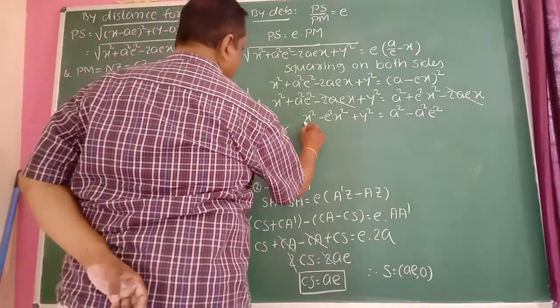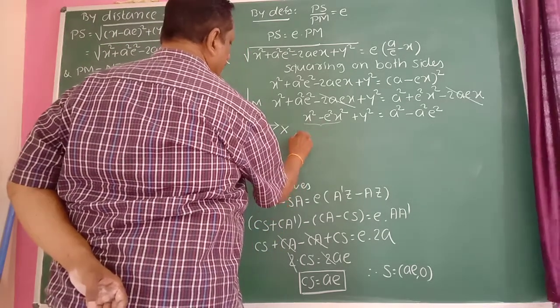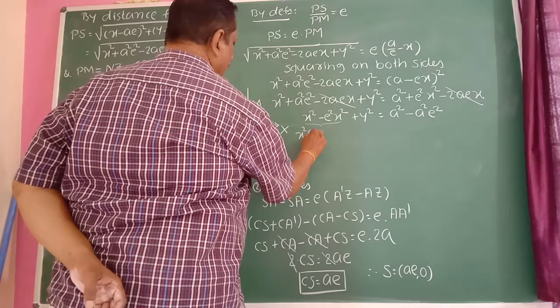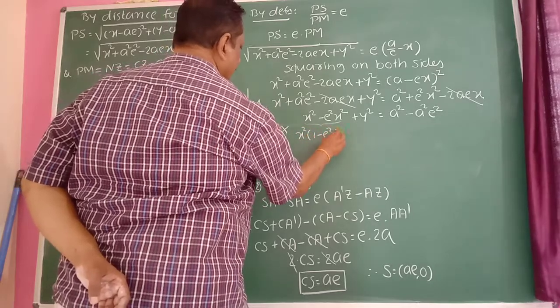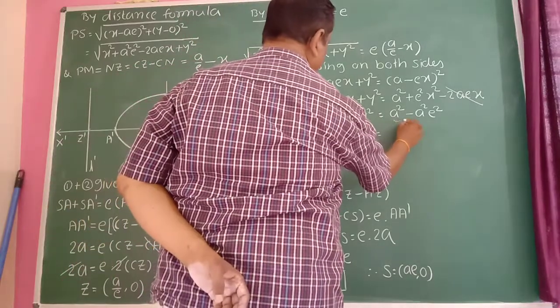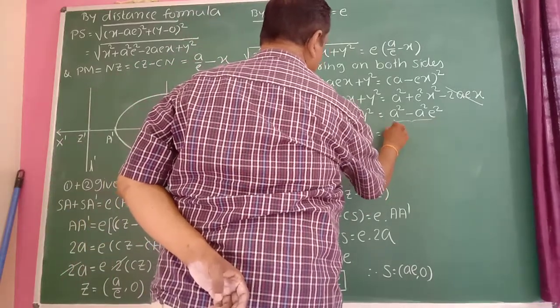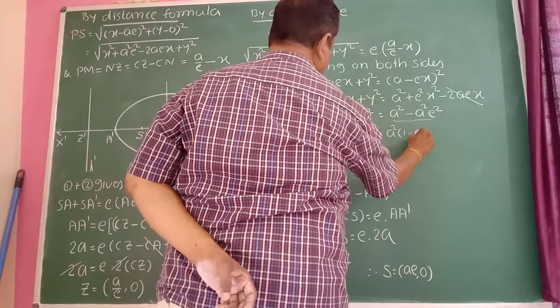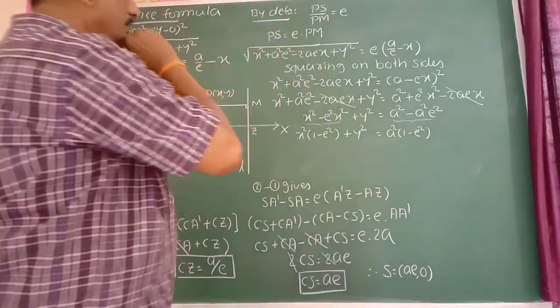From these two terms, x square is the common factor: (1 minus e square) x square plus y square is equal to, from these two terms, a square is the common factor: a square (1 minus e square).